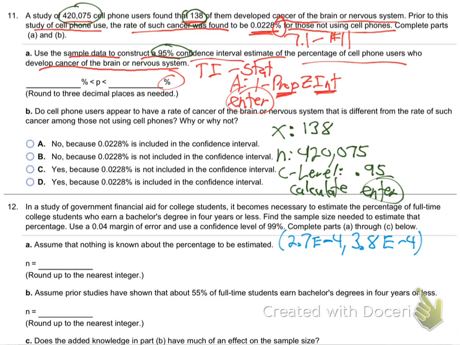Now maybe that E minus 4 notation is confusing for you. Let me help. It means scientific notation. So it means 2.7 times 10 to the minus 4 power, comma, 3.8 times 10 to the minus 4 power. E stands for exponent.